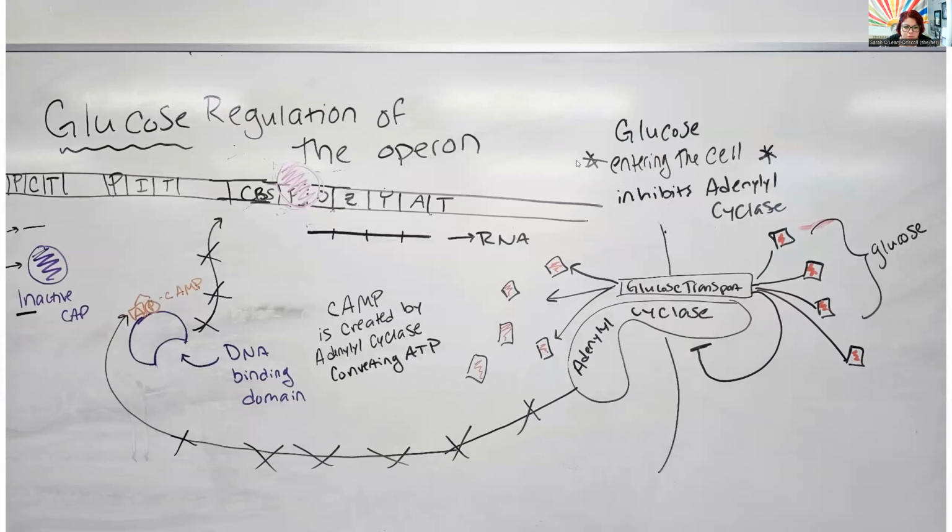And so again, just to reiterate here, glucose entering the cell will cause AC, or adenylyl cyclase, to be inhibited. Adenylyl cyclase then cannot create cAMP, which means CAP is not activated, and so no activation of the operon. That doesn't mean that it can't be transcribed, just that the transcription is not enhanced by an activator.